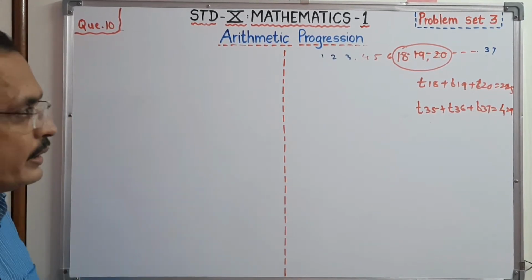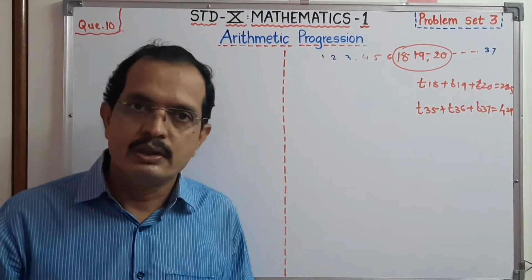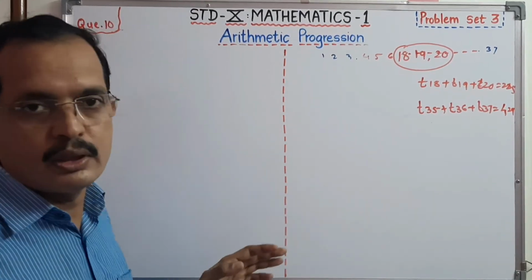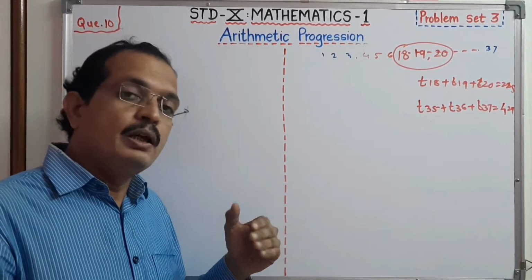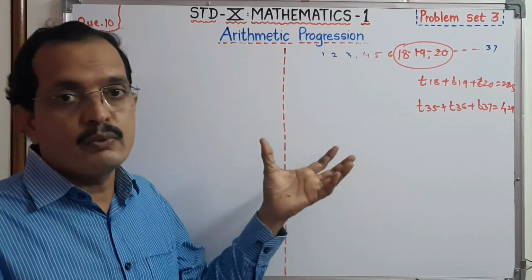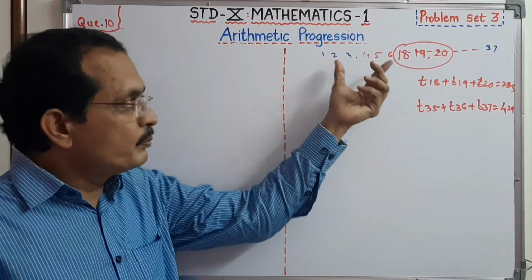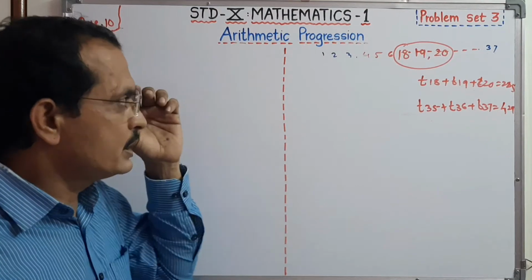Dear student, I think everyone understood the question. Understanding is most important. If you understand the question, then we can find out the ways. How can we solve this? Got it? Therefore, the most important thing is we have to understand the question.